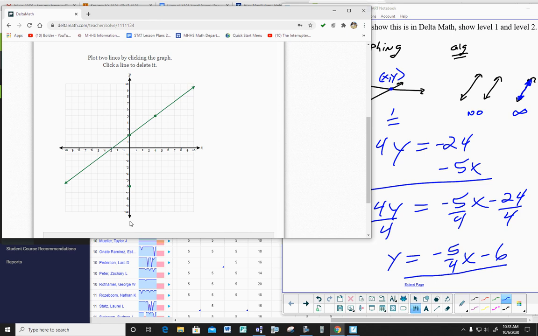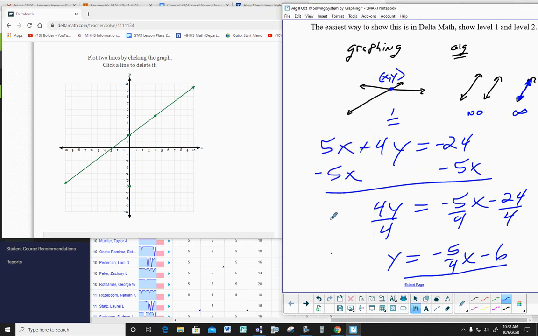Notice it won't let you put the point. So coming back over to this, I had initially done negative 5/4, but it won't fit on the page. So instead, I'm going to go 5 over negative 4. So that means I'm going to go up 5, left 4. Okay?